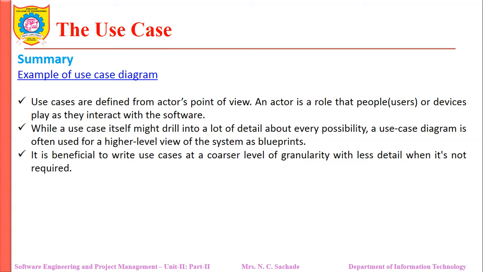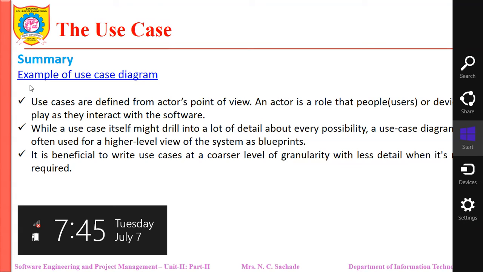While a use case itself might drill into a lot of detail about every possibility, a use case diagram is often used for a higher level view of the system, as blueprints. If you have noticed, we had written a long amount of text in narrative, in scenario, in the template-based formatting, but the actual use case represented was a very high level view of the system. It is beneficial to write use cases at a coarser level of granularity with less detail when it's not required.